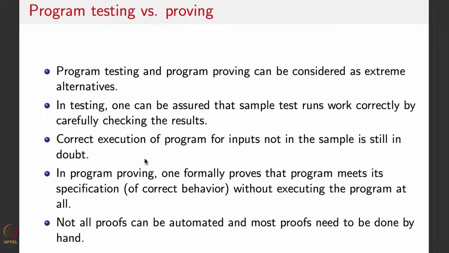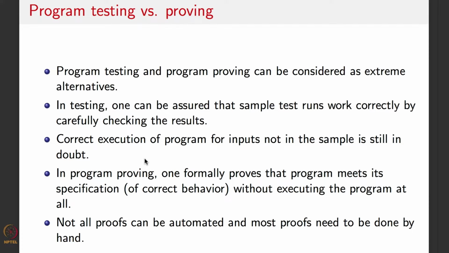In testing, as I told you, you can be assured that the sample test runs work correctly by checking the results. The actual output, does it match the expected output or not? And correct execution of the program on inputs that have not been tested is still in doubt. No sweeping claims about saying the program is correct because it's working on all my test inputs. That's wrong to say. But in program proving, you don't actually execute it one test vector at a time.